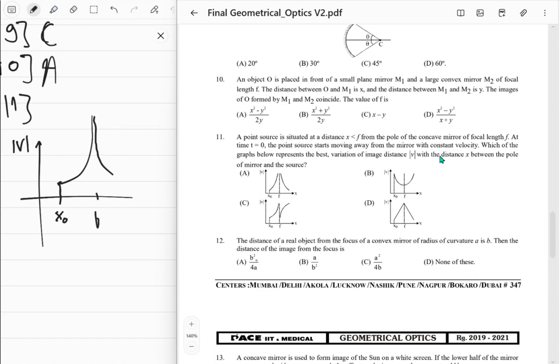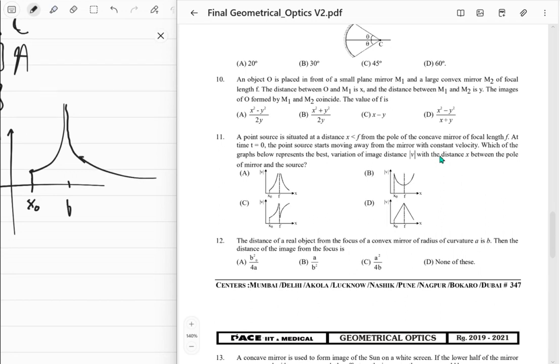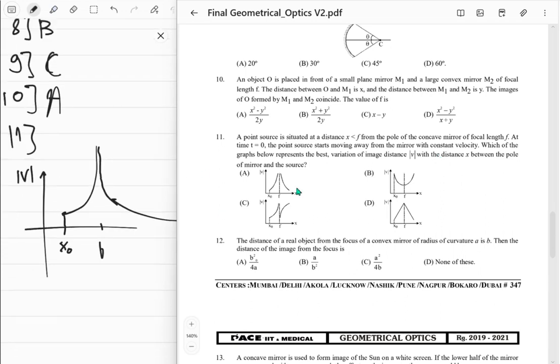Okay, then till the center of curvature, your V will keep on decreasing. Yes. In fact, it will just decrease. It won't ever increase back. Right? So there we go. It goes like that. So that's A for sure. So 11th A.